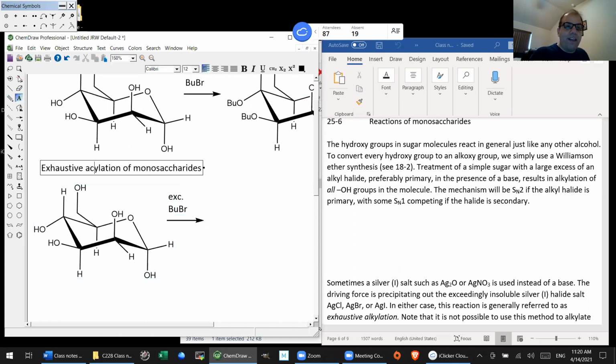If instead of using an excess of an alkyl halide, let's say we used an excess of benzoyl chloride, or you could use acetyl chloride. So any acid chloride will do the trick. And again, you will want some base, either pyridine or triethylamine would be my choice.